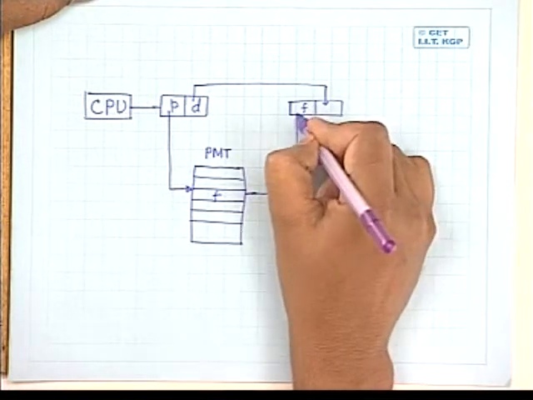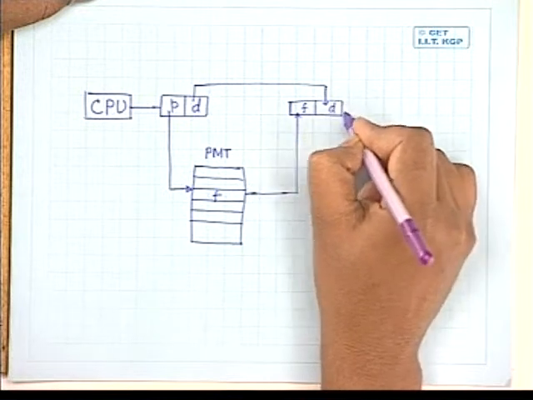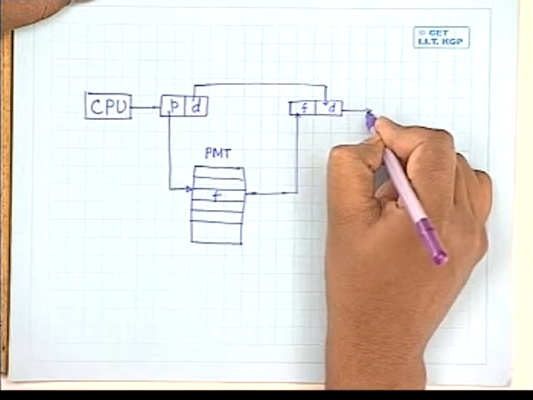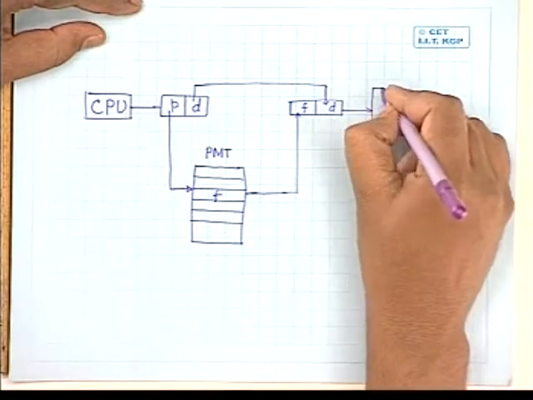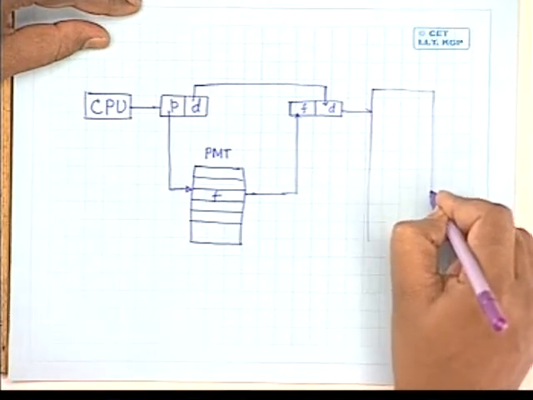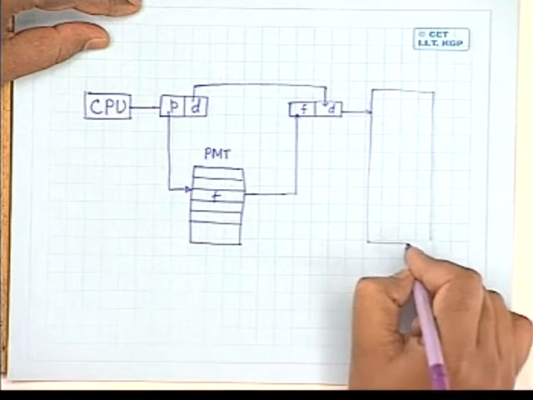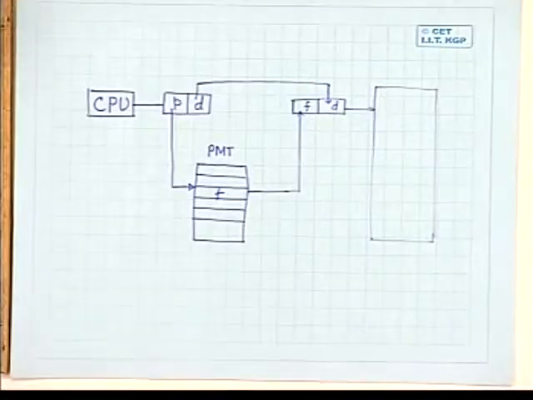So the frame number along with this offset D gives you the physical address. This is the physical address within the memory location where the required data will be either written into or read from.